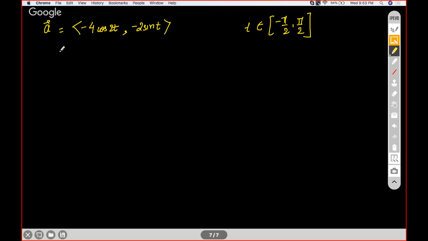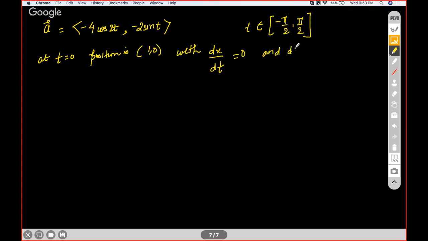At t equal to 0, the position of the particle is 1 comma 0 with dx by dt as 0 and dy by dt as 2.